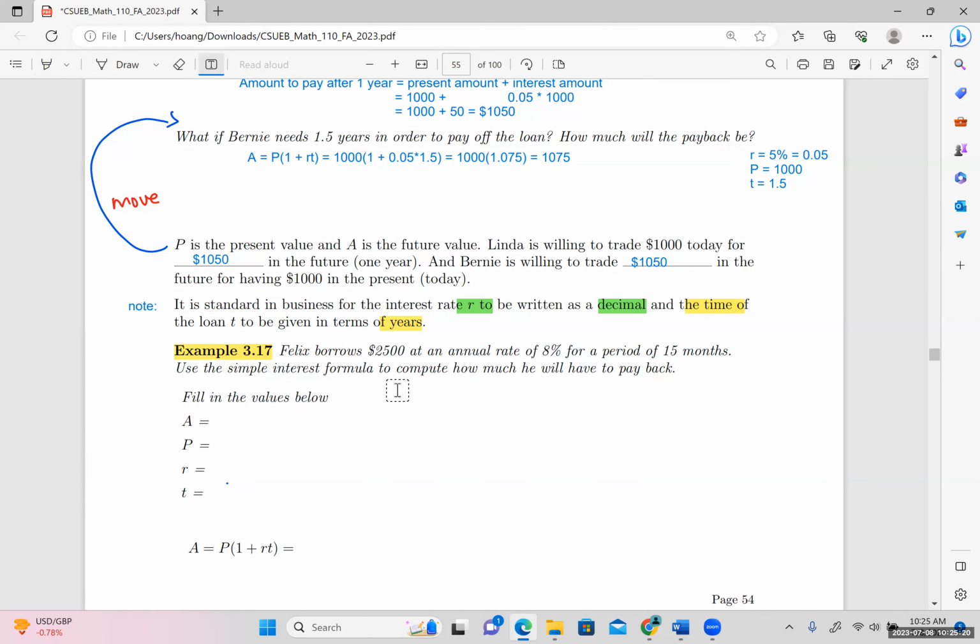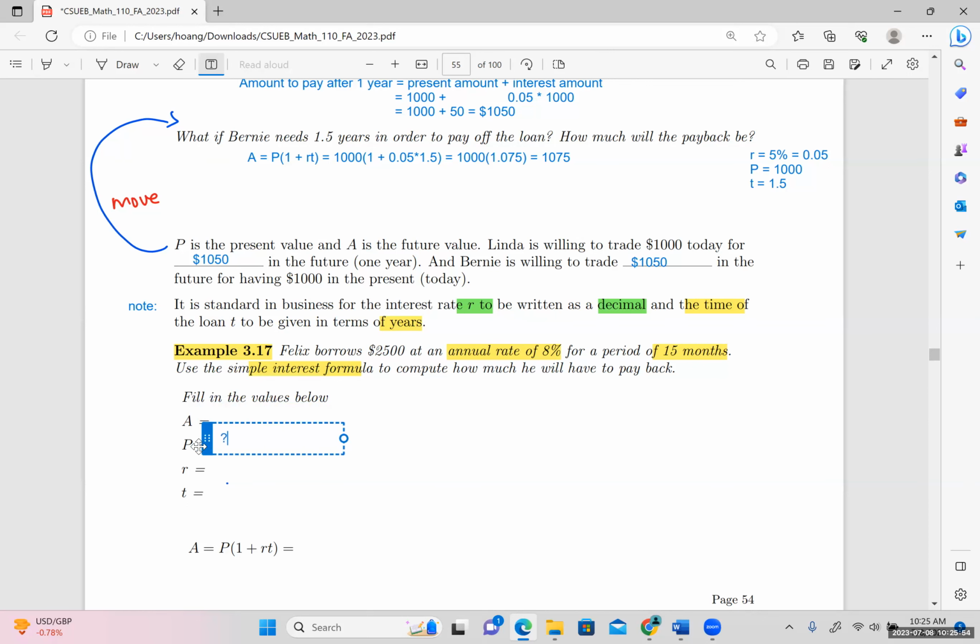So we have Felix borrows $2,500 at an annual rate. Annual rate is yearly rate, so just keep in mind that 8%, and for the period of 15 months, and we want to use simple interest formula to compute. So listing, what is A in here going to be? Do I have it? No, so put question marks.